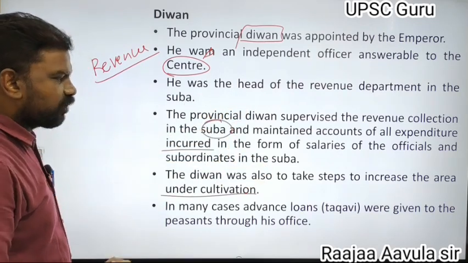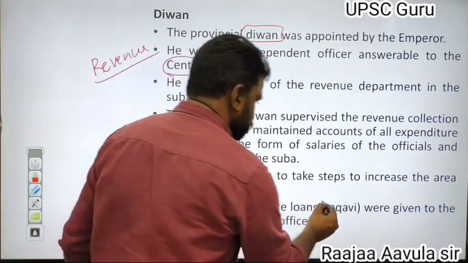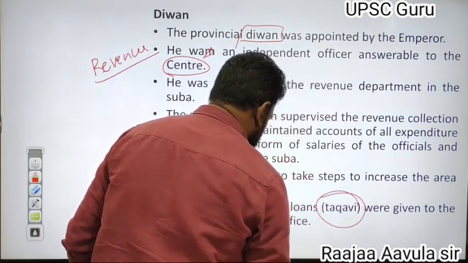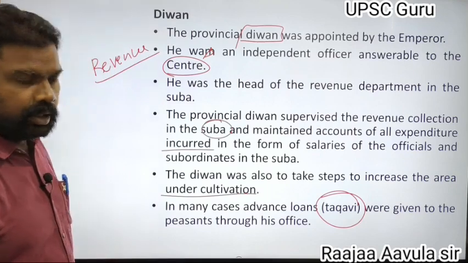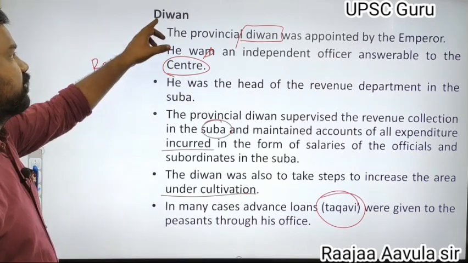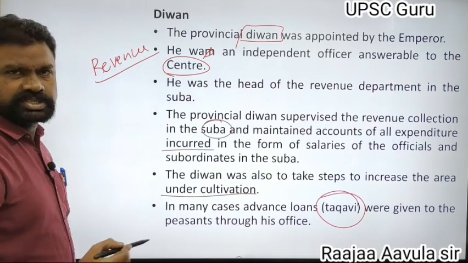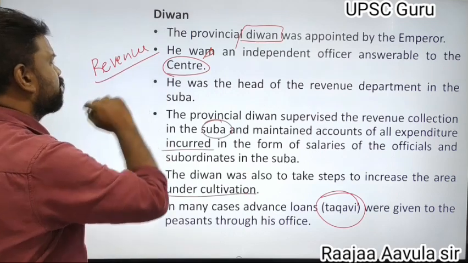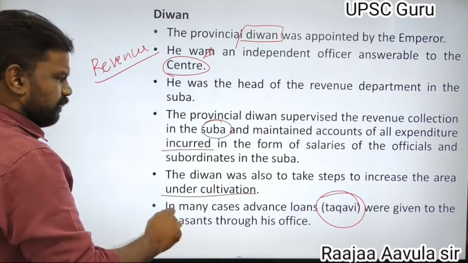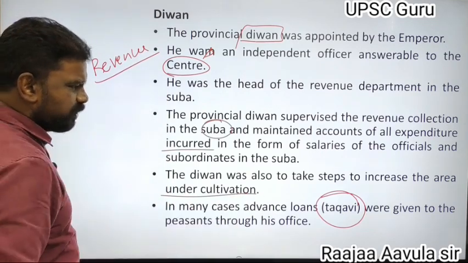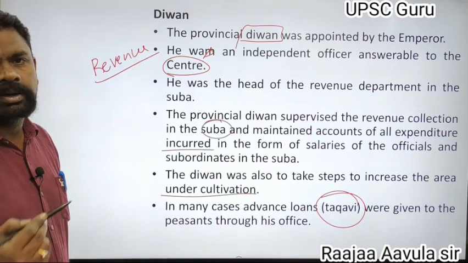In many cases, advance loans, that is Taqavi loans, were given to the farmers or peasants through the Diwani Wazirat office, the Diwan's office. Taqavi loans means giving advance loans to the farmers.